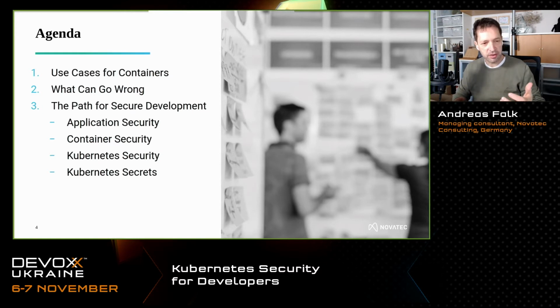Because of that, we have different stages to look at security. We'll start with application security, and then deal with the basics of container security. There we'll also have some basic Linux know-how, so you understand containers in fact. Then we deal with Kubernetes security, and the last part will be a bit about Kubernetes secrets.